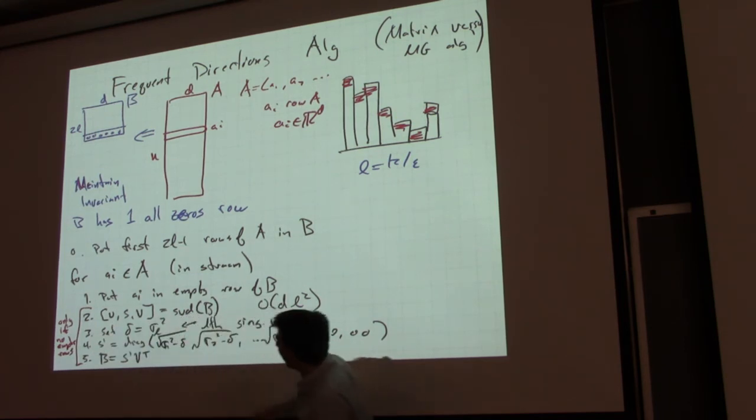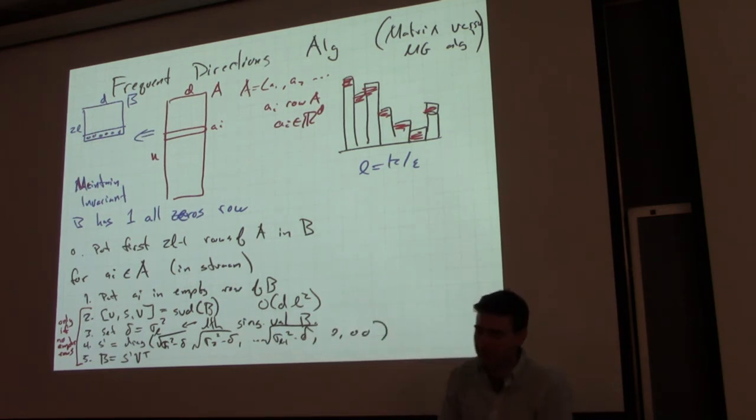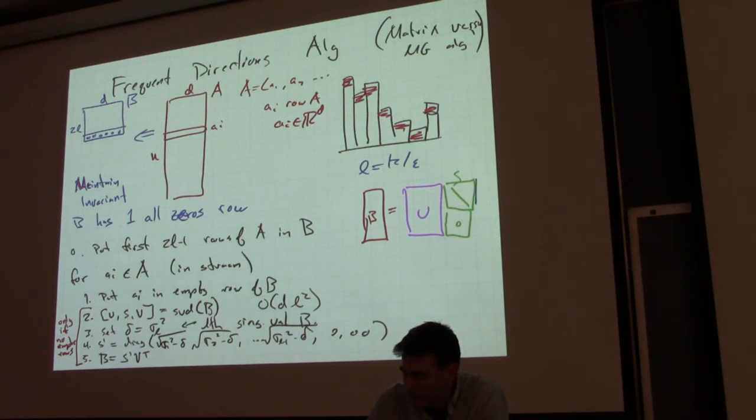Okay, so what's going to happen is if I do this, I'm setting a bunch of these equal to 0. So if you remember my singular value decomposition picture, B is going to be equal to U, this is going to be S, and it has more zeros down here, and then V transpose.